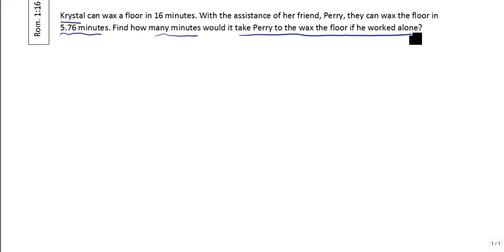One of the first things that we notice in a problem like this is that when Krystal worked by herself it took her 16 minutes, but then when the two of them worked together, it took them less than half the time that it took Krystal. Half of the time that it would have taken Krystal would have been 8 minutes, but in fact, it's taking less than 8 minutes for the two of them to work together, and so we can infer from that Perry is working at a faster rate than Krystal.